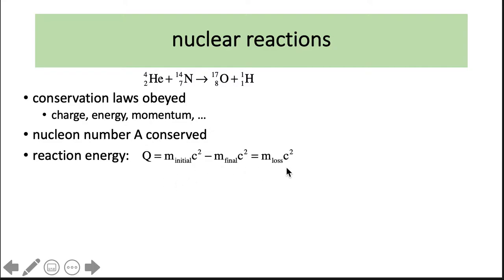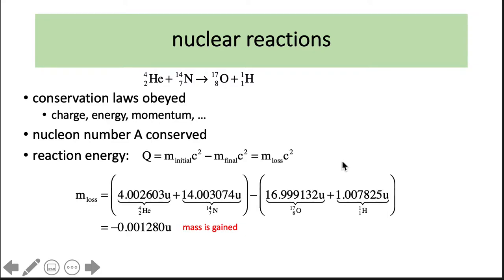Sometimes we write that as equal to m loss c squared, how much mass was lost in the reaction, assuming the mass afterwards is less, which would be what happens if it's exothermic, if it's going to release energy. So that's called the Q of the reaction.